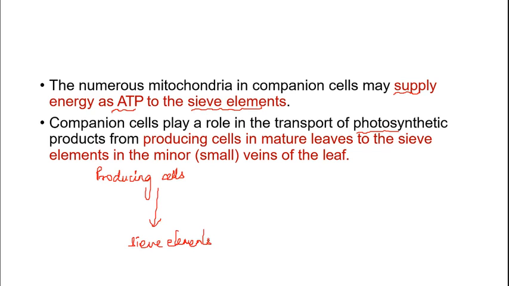They transport the photosynthate, that means glucose, from the producing cells, the leaves, to the sieve elements in the minor veins of the leaf. Clear?